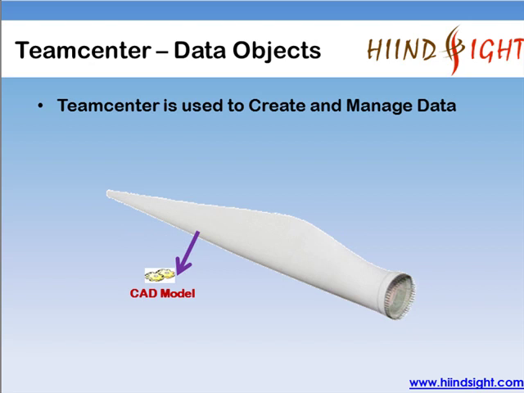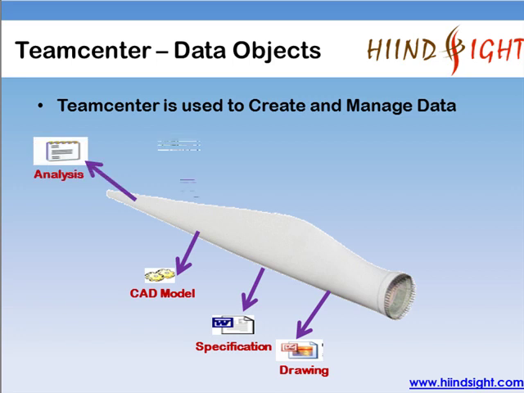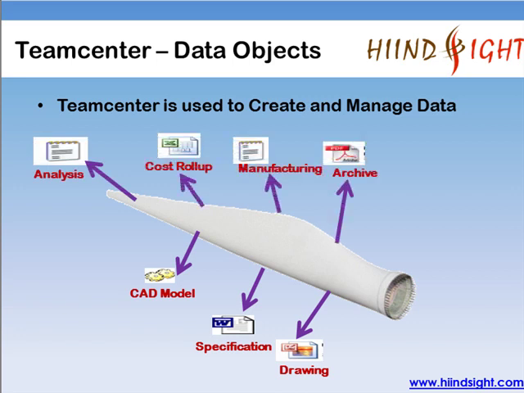By now, we all know Teamcenter is a data management and lifecycle management solution. So Teamcenter is used to create and manage data. Teamcenter data can be anything like a CAD model, a drawing, specification documents, analysis reports, and so on and so forth.